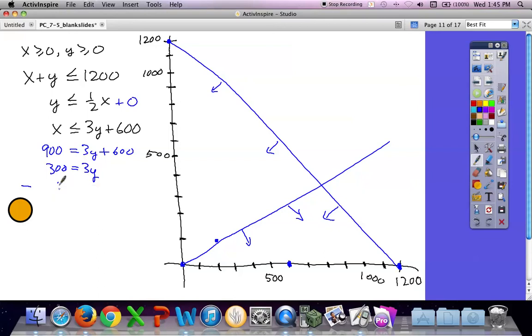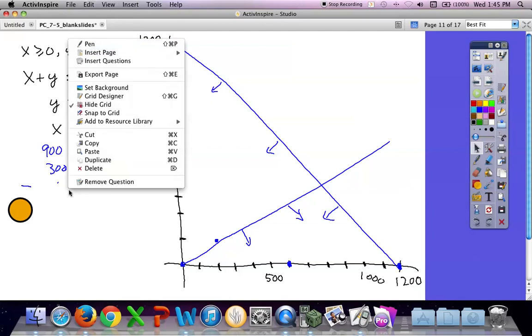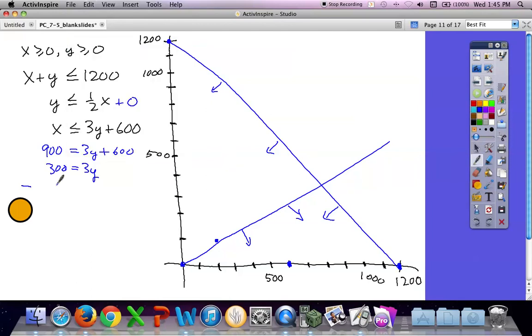So y equals 100. So we have the point 900, 100. So that would be about right here. So here's the other line. It doesn't have to be exact. It's just helping us to draw this in roughly the right place.